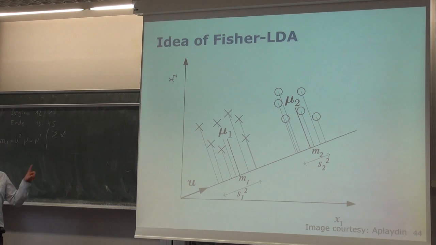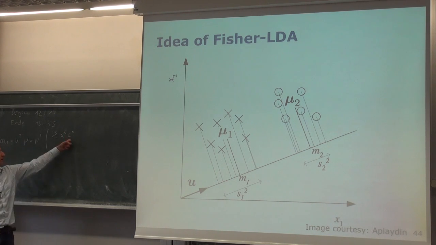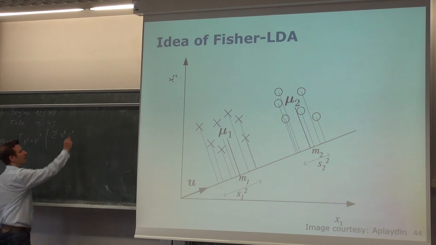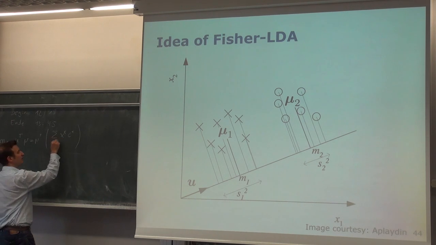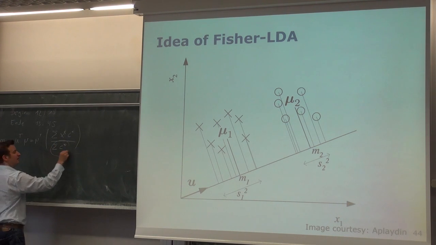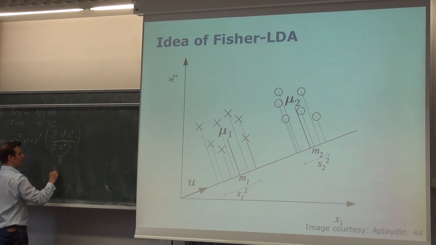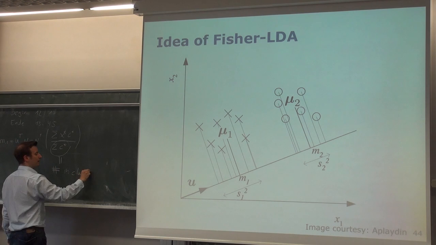I'm only interested in those in class number 1, so I write this as ct. They are 1 if xt belongs to class number 1, 0 otherwise. If I take this expression, I would simply sum up all the points, and I need to divide by the number of points which belong to this class. This is simply the number of times this ct has been 1, so this is equal to the number of points in class 1.